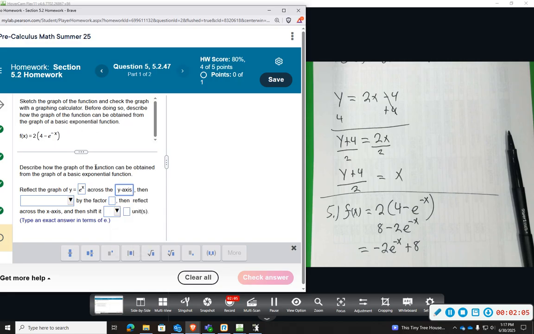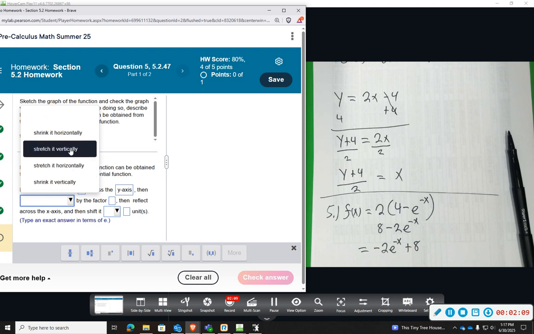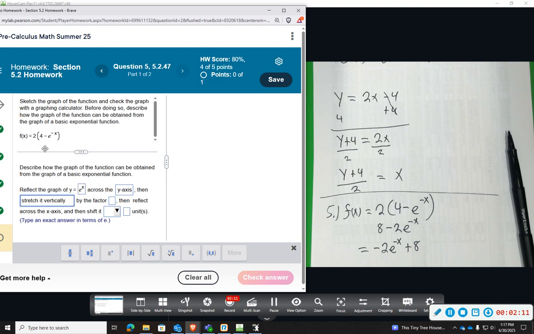Negative x is going to go across the y. Then we can stretch it vertically by a factor of 2. So they do the 2. And then reflect across the x-axis because of that negative 2. And then we're going to shift it up by 8 units.